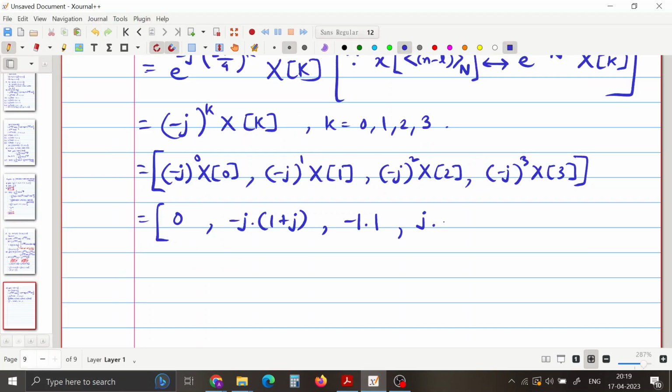So the first term is 0, and if you multiply this together, you will get 1 minus j. This is minus 1, and on multiplying the last you will get 1 plus j. This is the DFT.